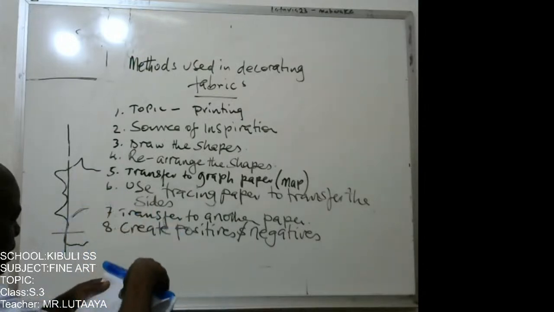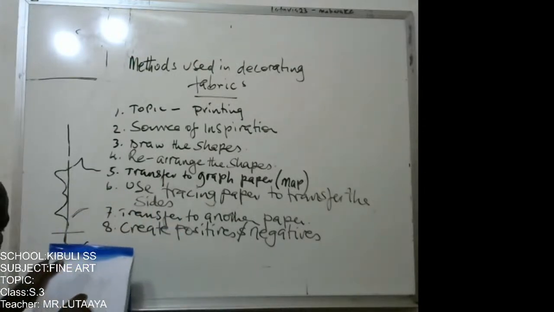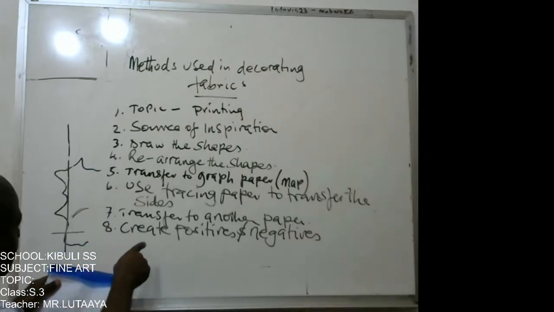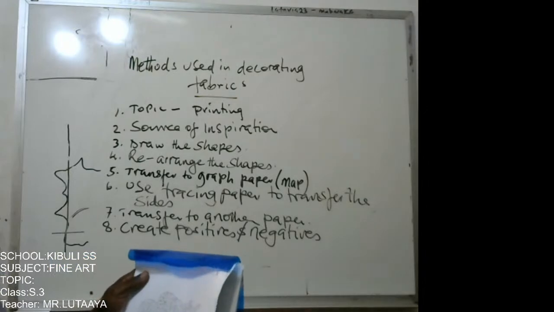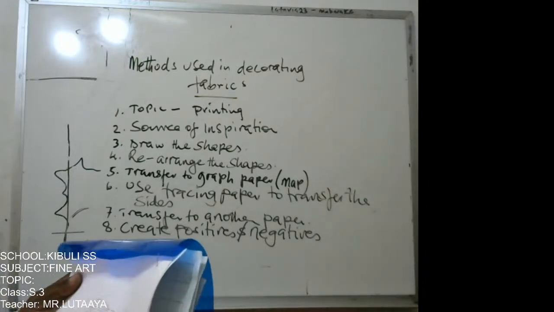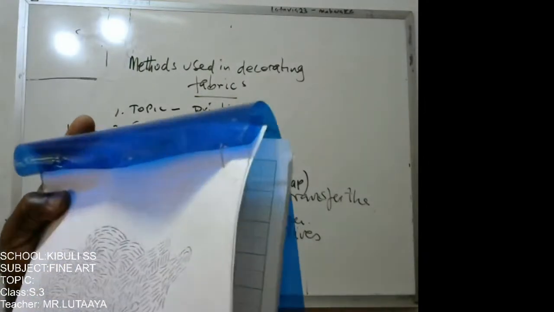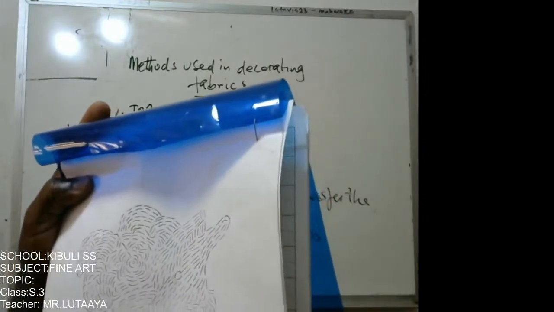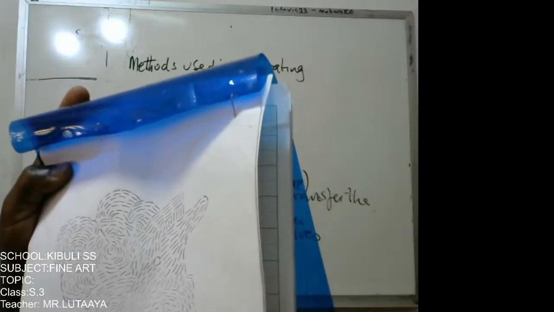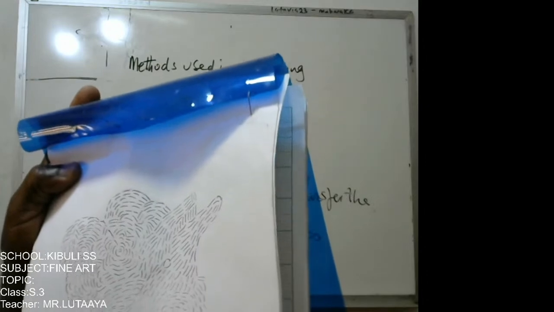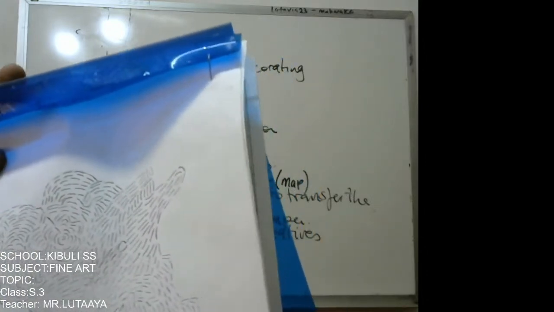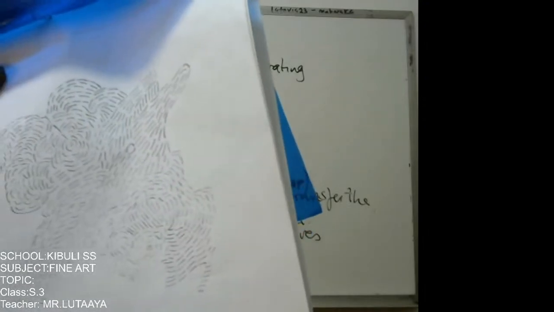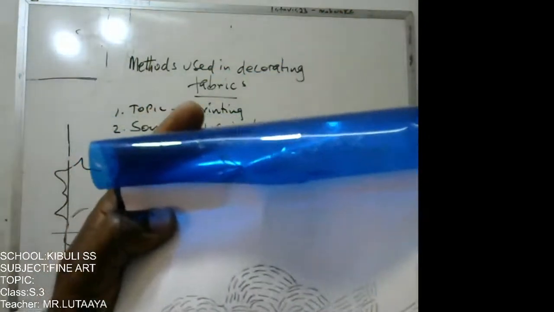So the positives, we have transferred it on a fresh paper, aiming at achieving this. These are very tiny lines. Now we can assume the lines are the positives. The spaces, after segmenting the design, those are the negatives.